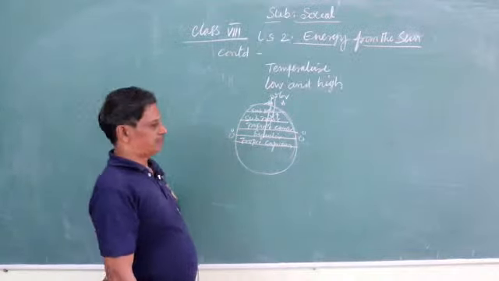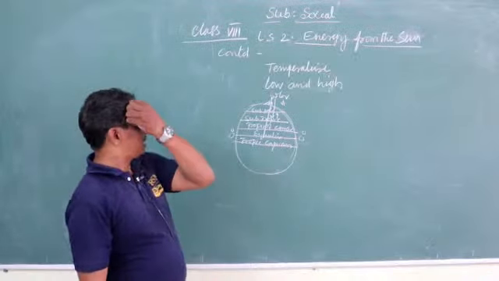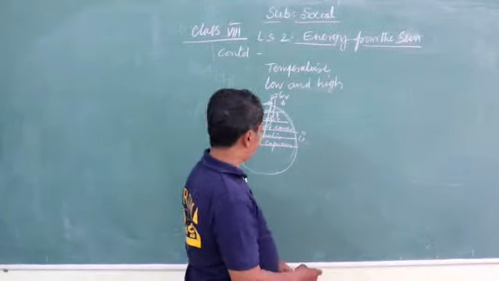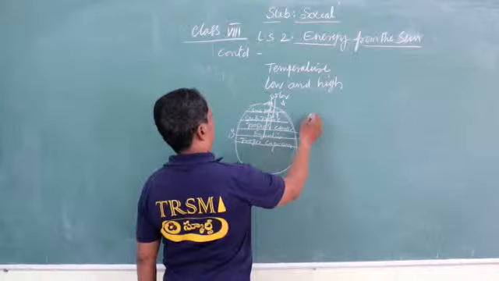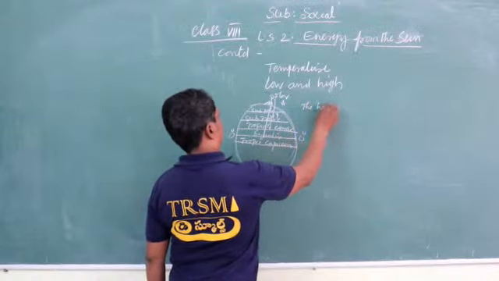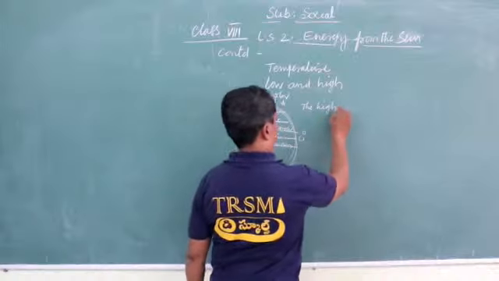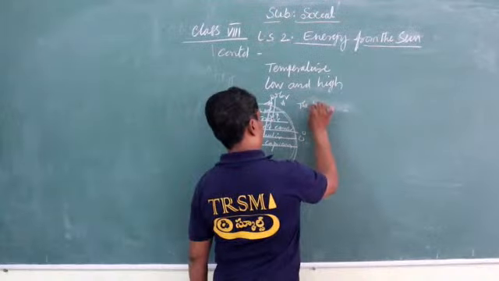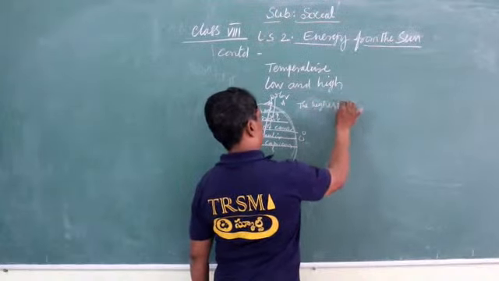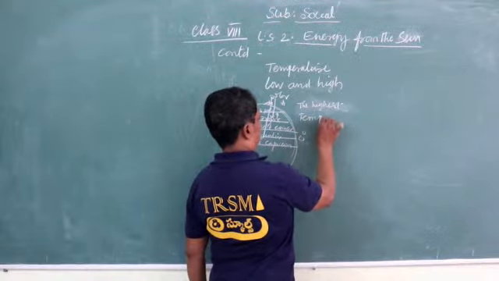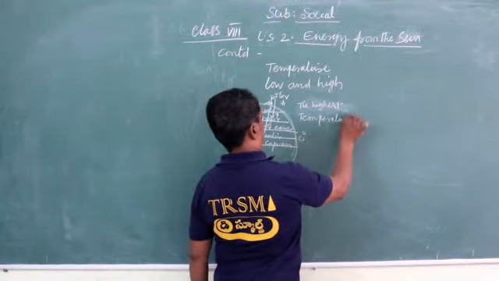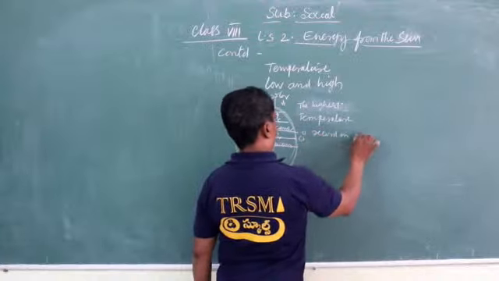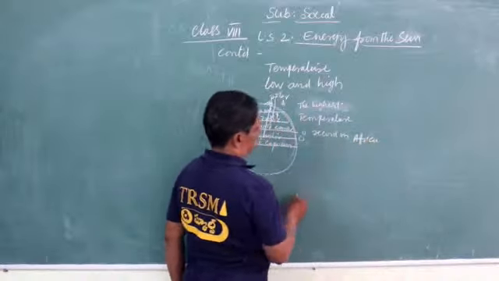When scientists observed and recorded the temperature, the highest temperature recorded was in Africa, at the place Azizia.